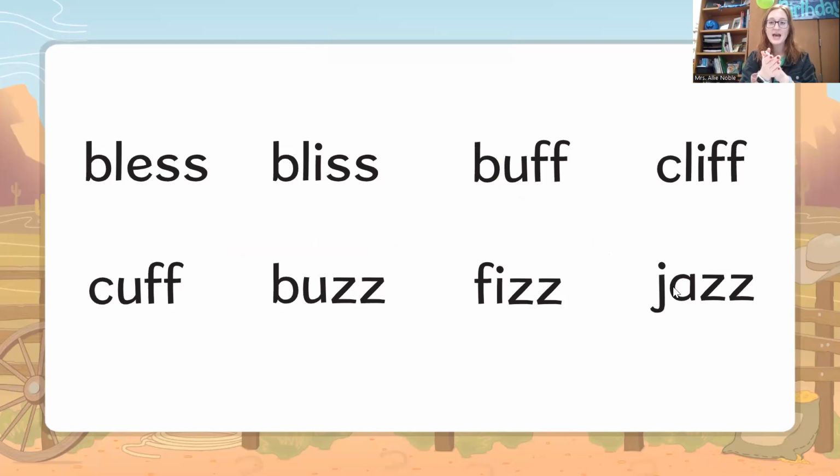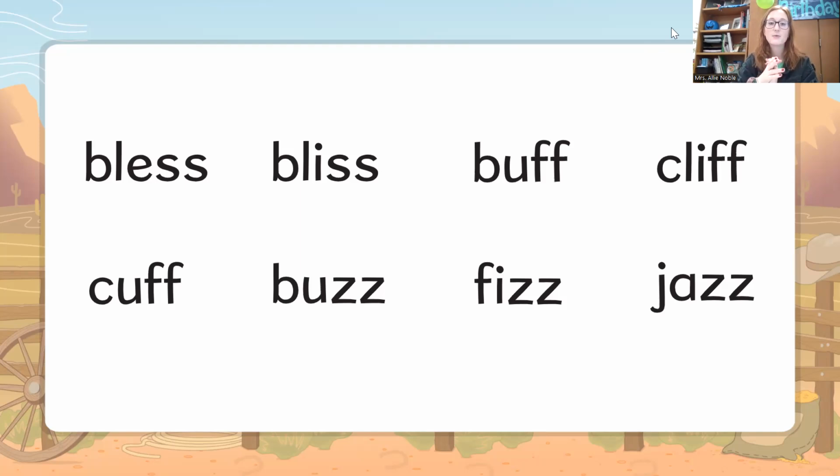Ready? Bless. Okay, so we double the S. Bliss, double the S. Buff, double the S. Cliff, double the F. I think I said S on the last one, and it was F for buff. Cuff, double the F's.